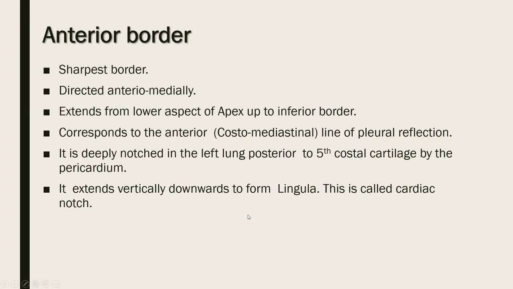The anterior border is the sharpest border, directed anteromedially. It extends from the lower aspect of the apex up to the inferior border. It corresponds to the anterior, that is the costomediastinal, line of the pleural reflection. It is deeply notched in the left lung, posterior to the fifth costal cartilage, by the pericardium, and that notch is called the cardiac notch.